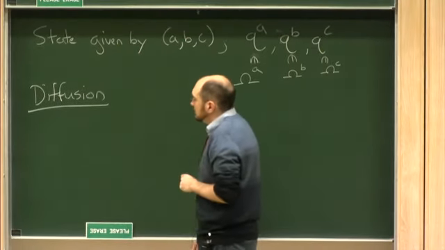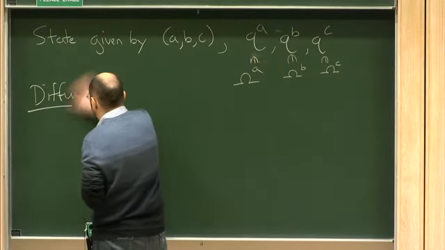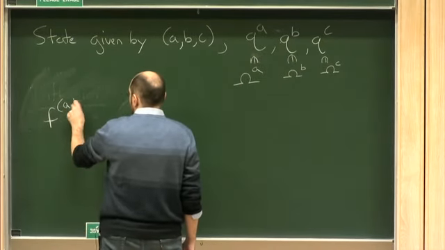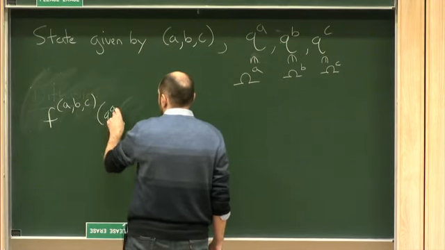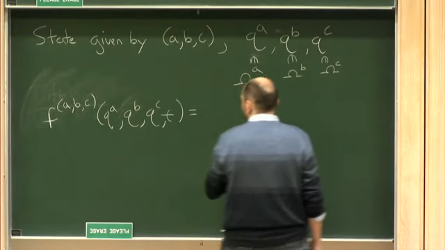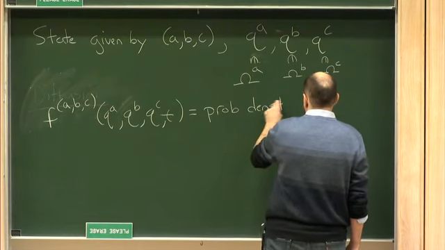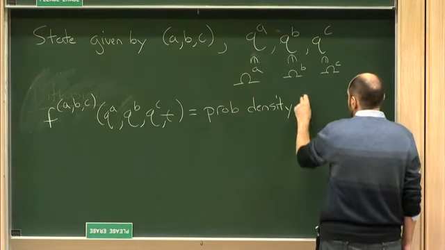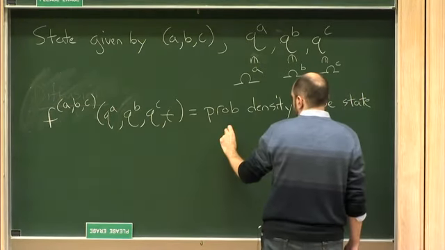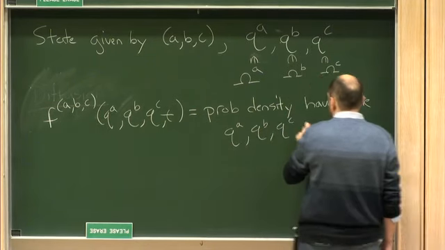If you remember, we had these densities. I should write the density. That's key. Our density is F_ABC of QA, QB, QC, T, which is my probability density that we have state QA, QB, QC at time t.